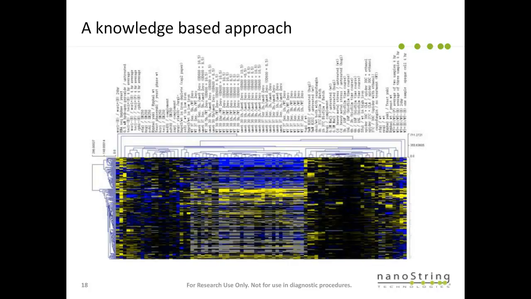NanoString is not genome-wide, which means we do not study every single gene in a genome. In the case of Candida albicans, that's 6,000 genes, plus or minus. So we needed to select genes of particular interest for infection or for drug resistance.